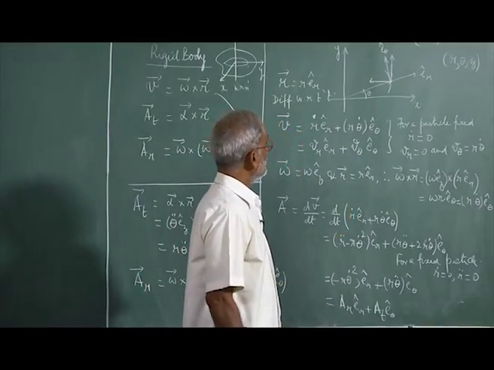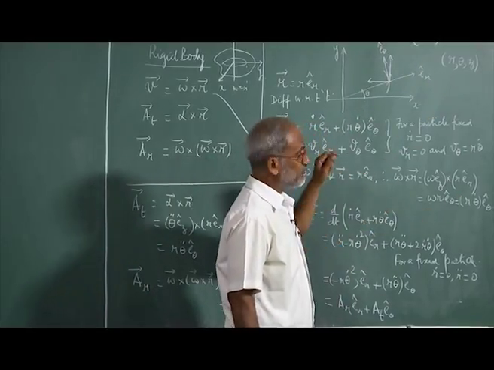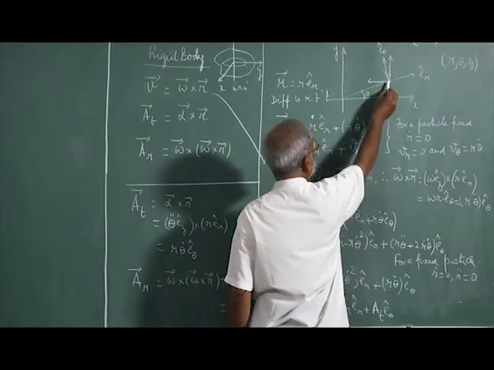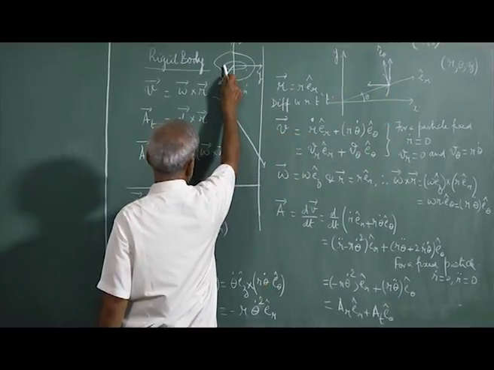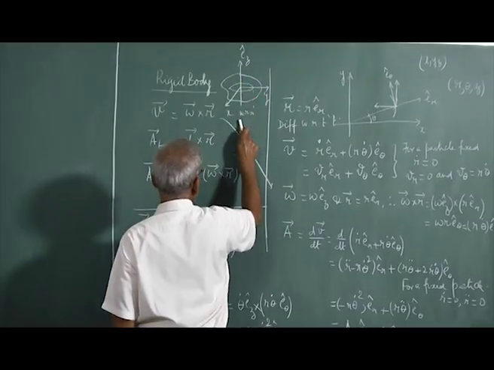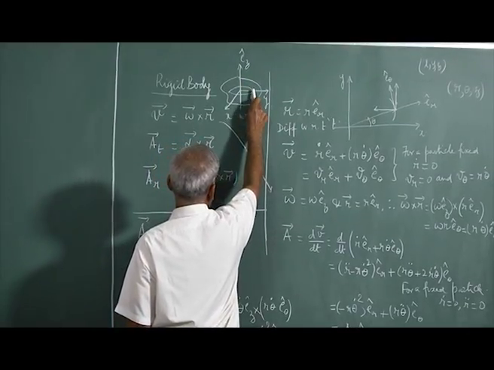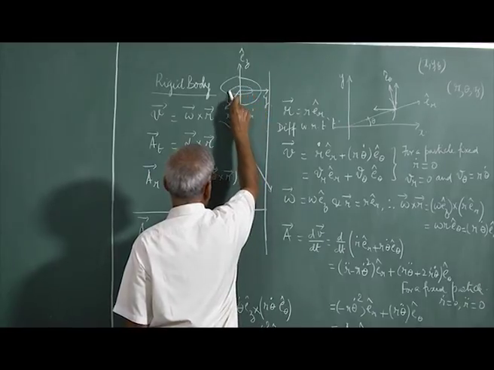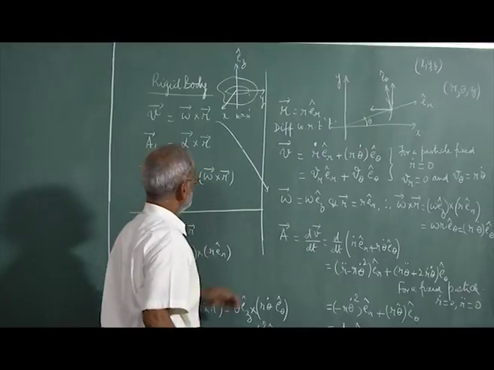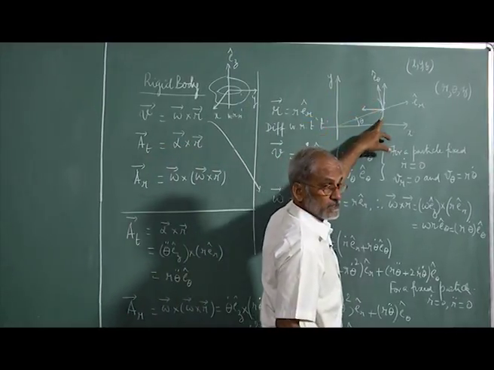Now since the particle can go anywhere in this 2 dimensional plane, if I fix r, if I say that the particle has to only rotate along a circle, that is what happens in the case of rigid dynamics. Even though the body is rotating about an axis, I consider a position here, then this is the radial direction, and this particular point is going to sweep a circle, which corresponds to the circular motion of the particle here.